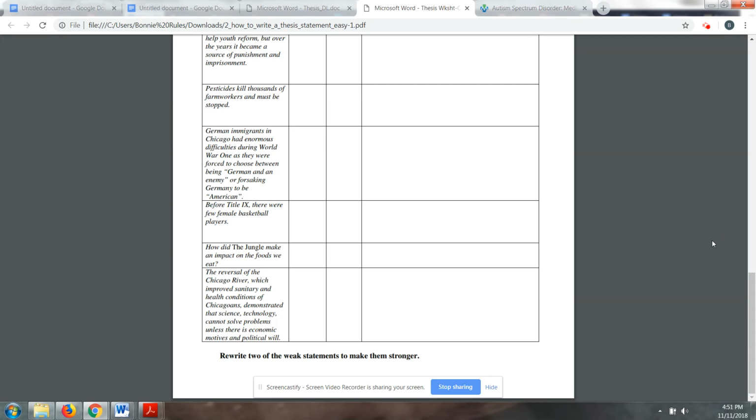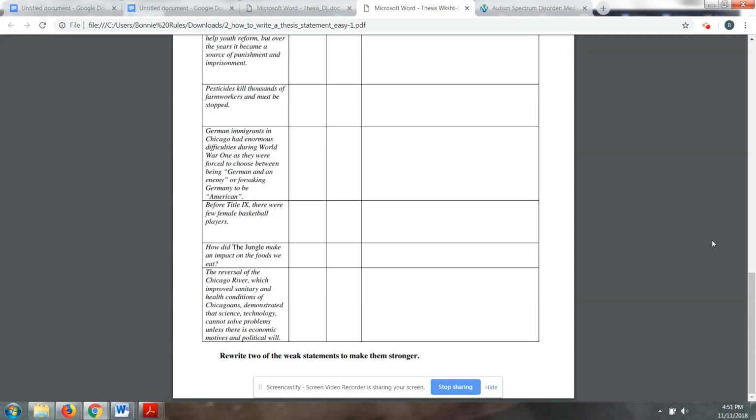The last one is a bit of a grammatical mess, so I'll correct it as I read it. The reversal of the Chicago River, which improved sanitary and health conditions of Chicagoans, demonstrated that science and technology cannot solve problems unless there are economic motives and political will. You could write a book on this. I really wish they spent more time talking about the Chicago River because I didn't really know about this until I was an adult.